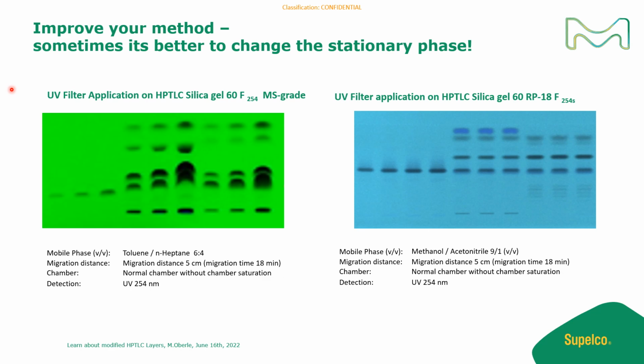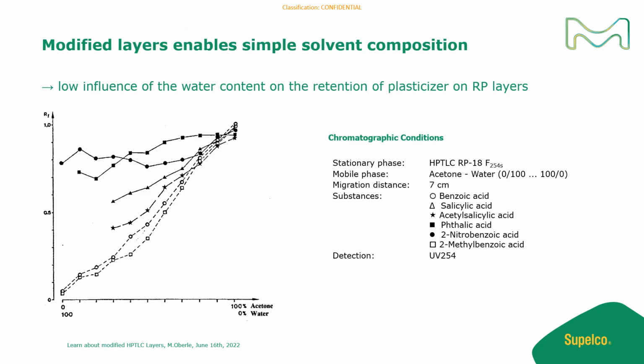Also, the solvents used in reversed phase separations are mostly, I would say, less harmful. So here we have a mixture of methanol and acetonitrile instead of toluene and heptane. So not only are the solvent mixtures much simpler for reversed phases, a further big advantage is the lower influence of water from a sample on the chromatographic system, because often water is an important part of the solvent for reversed phase.